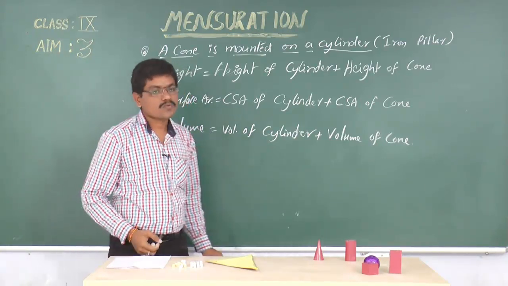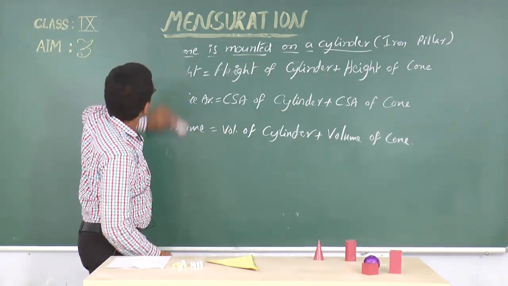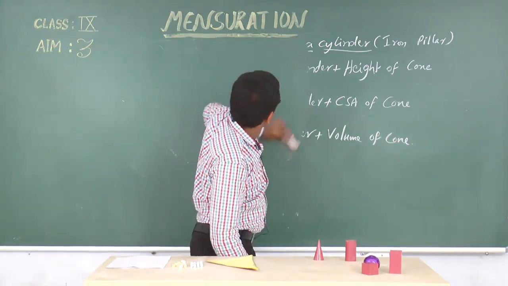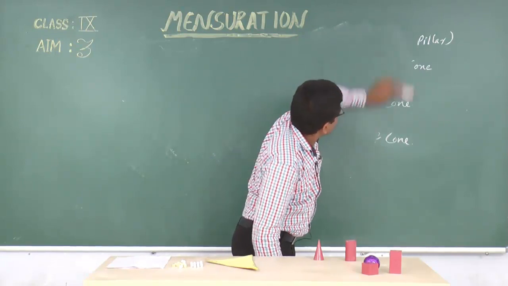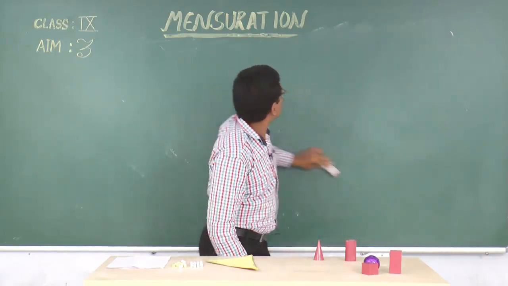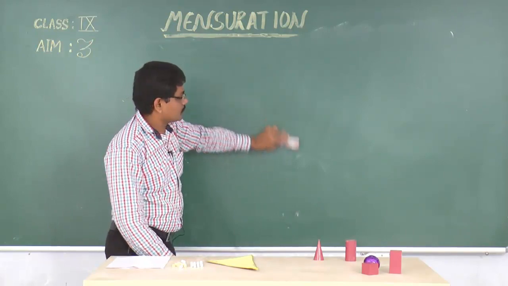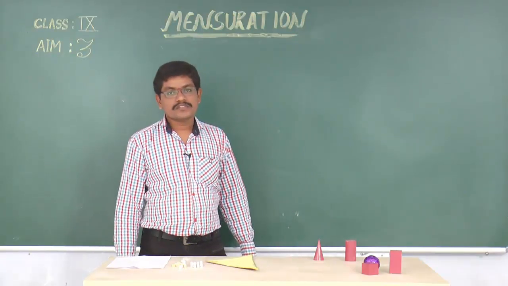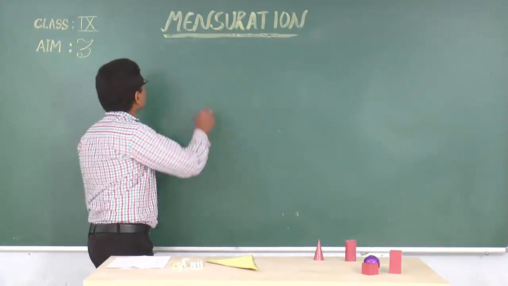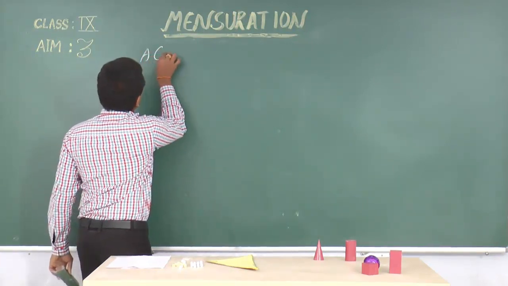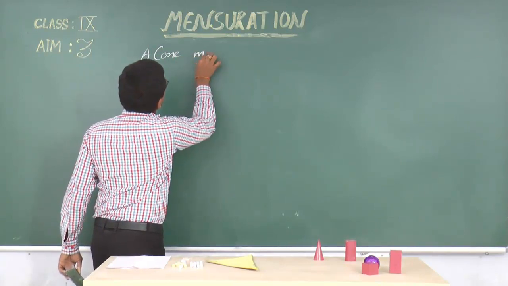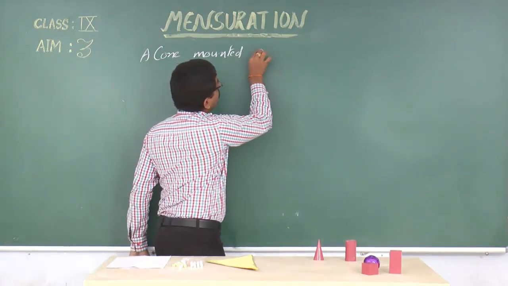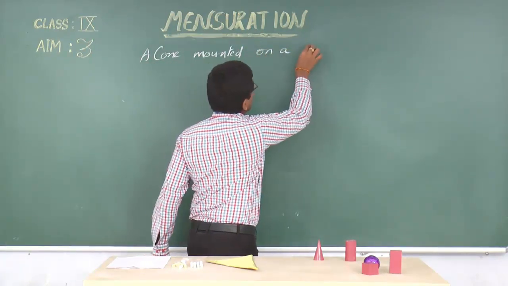Now come to the third one. Next solid is a cone mounted on a hemisphere.